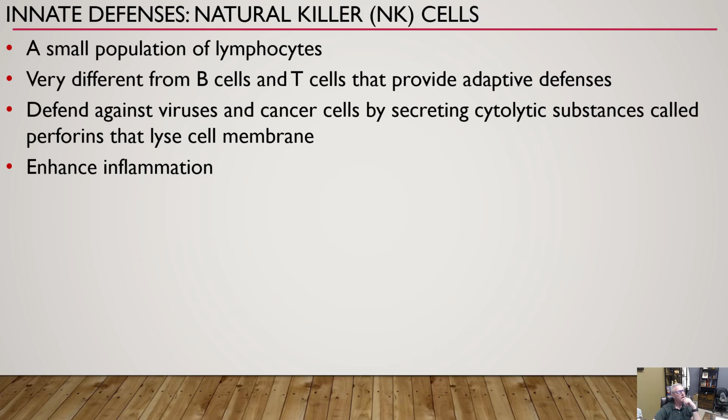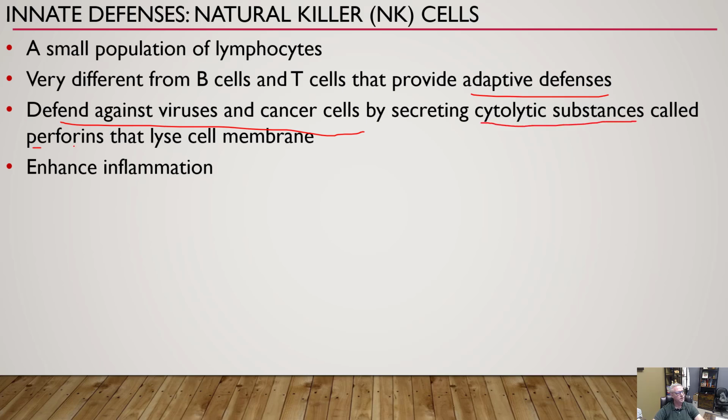So natural killer cells are a very small population of lymphocytes. I told you to remember that when I say lymphocytes, remember B cells and T cells, but lymphocytes are not only B cells and T cells. We also have these things called natural killer cells or NK cells that are going to provide adaptive defenses. And they're going to defend against viruses and cancer cells. They secrete these substances called perforins.